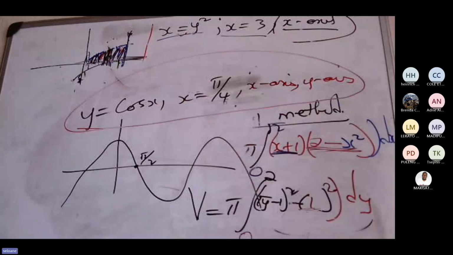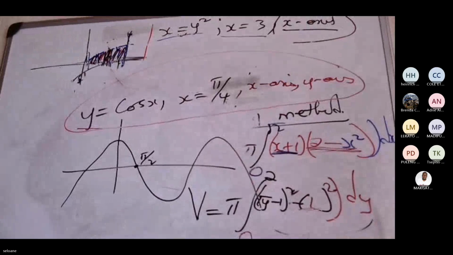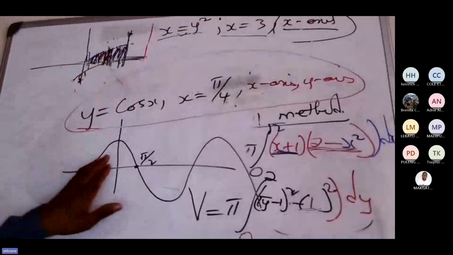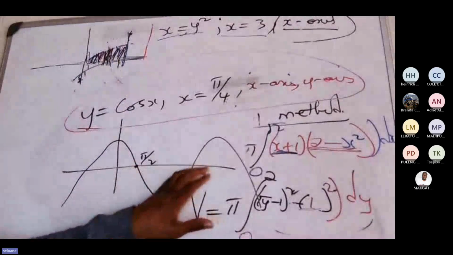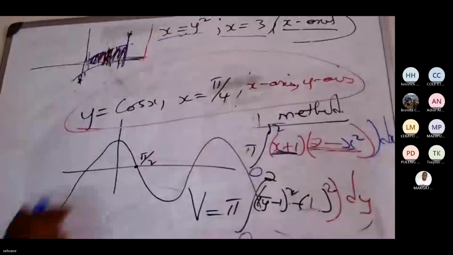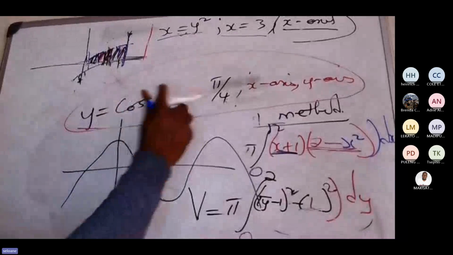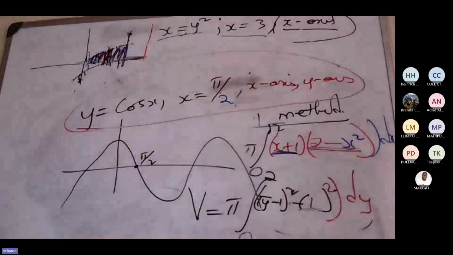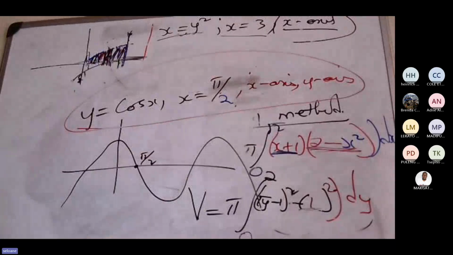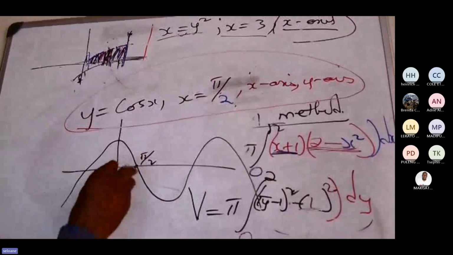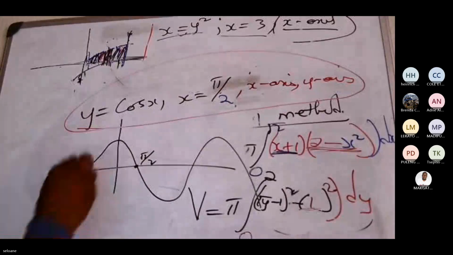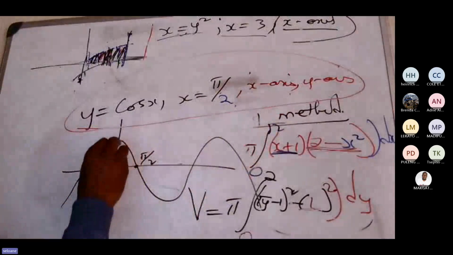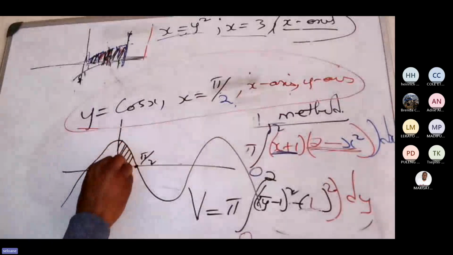So which region are we talking about here? It must be this, meaning it will be inside here. Now x equal to pi over 2, because here we're just talking about the conceptual understanding. It will not be this, meaning that from there the x-axis is this. Therefore, the region that we're talking about is this one.